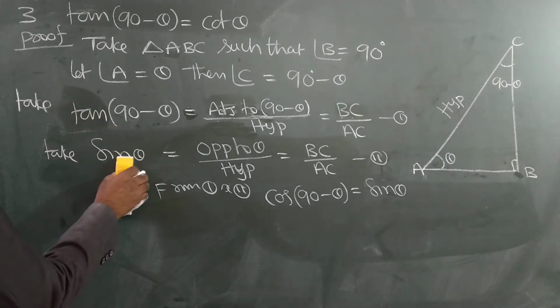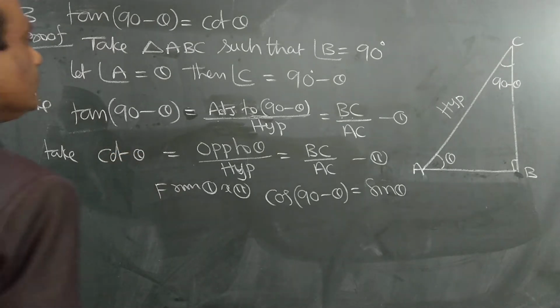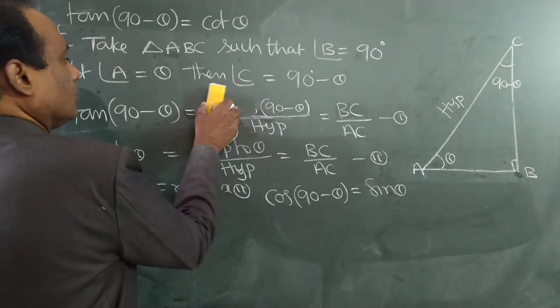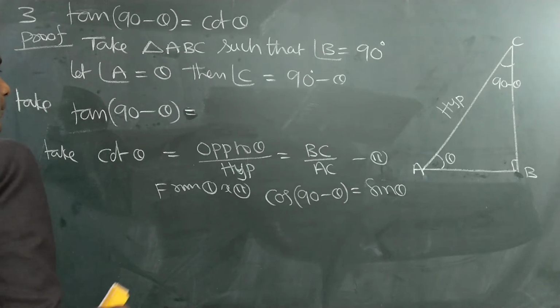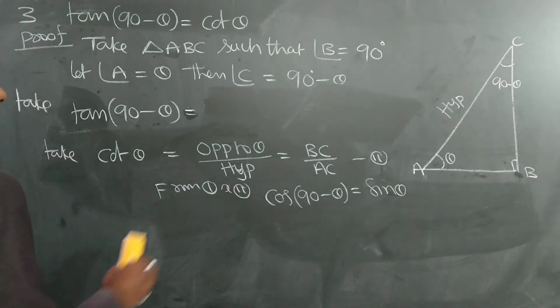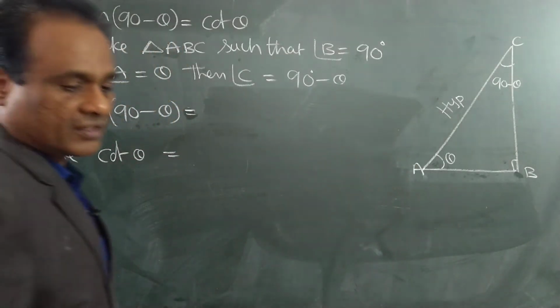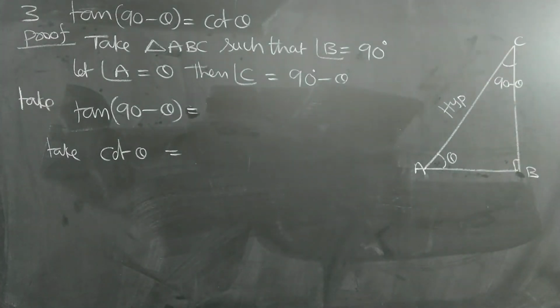Start the tan 90 minus theta is equal to cot theta formula derivation.